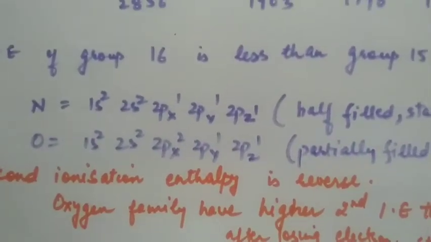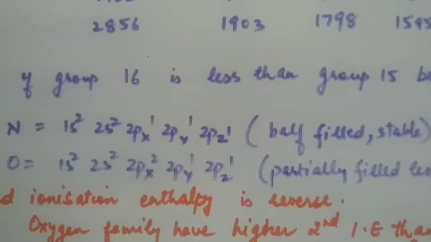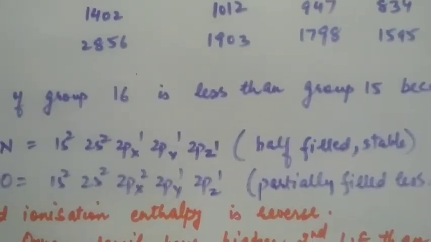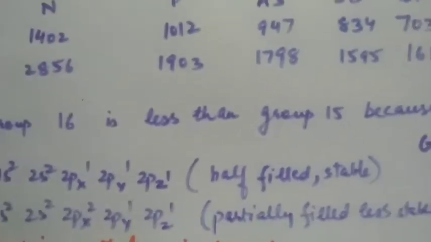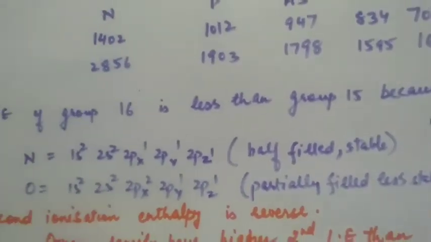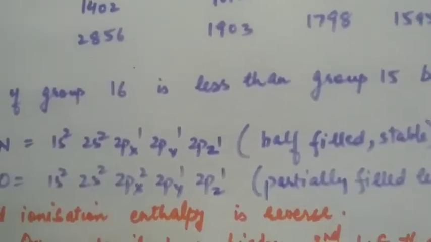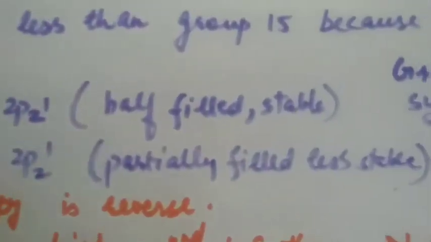So for Group 15 elements it's difficult to give electrons, so their first ionization enthalpy value is higher, whereas in oxygen, by giving an electron it acquires a stable configuration, so the first ionization enthalpy value will be less.